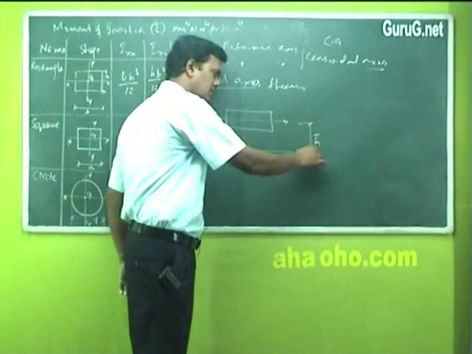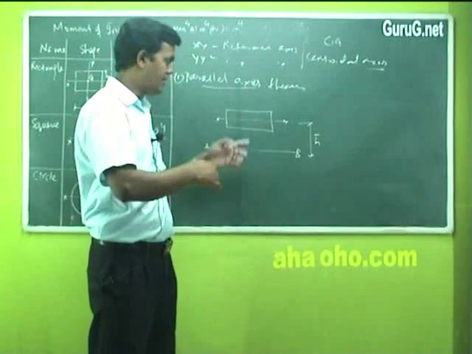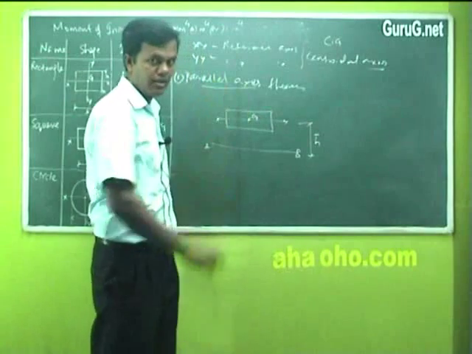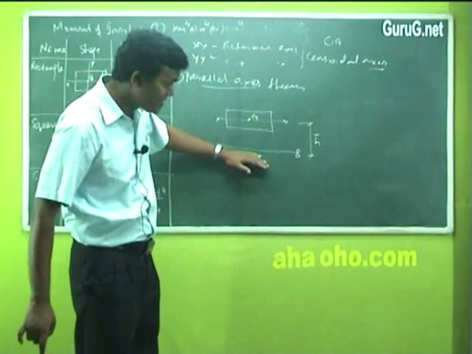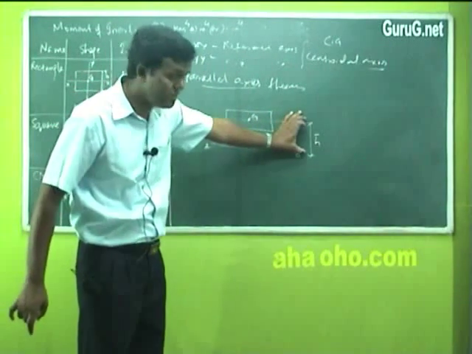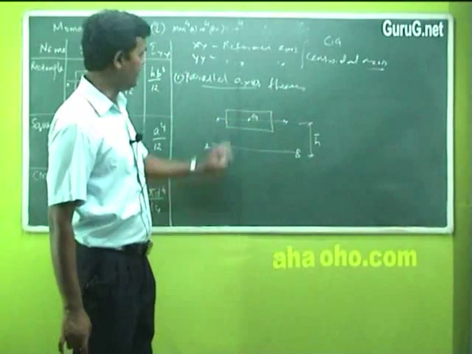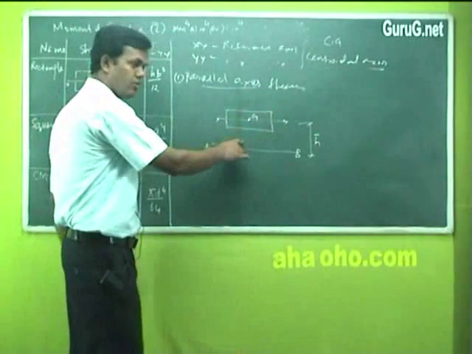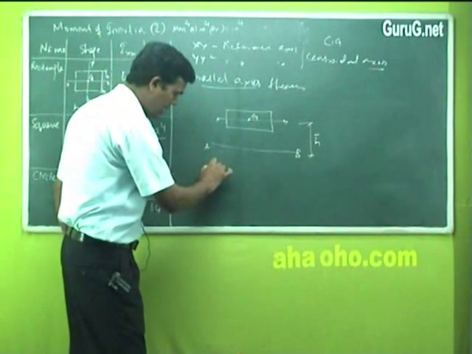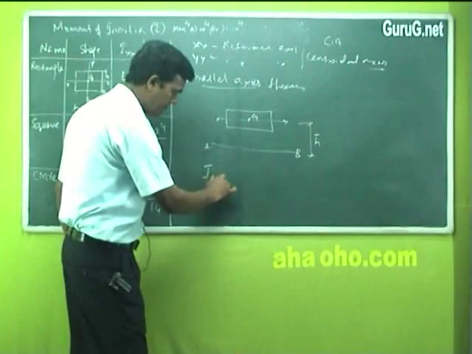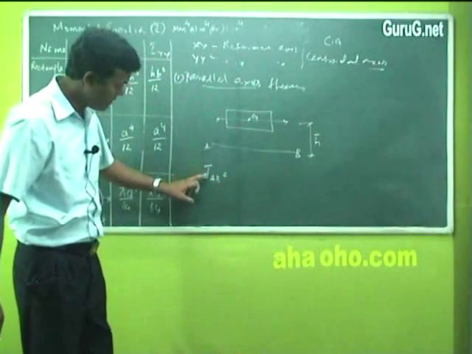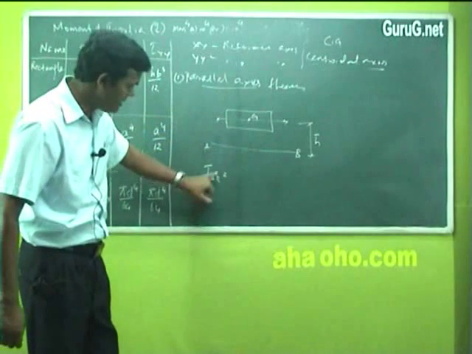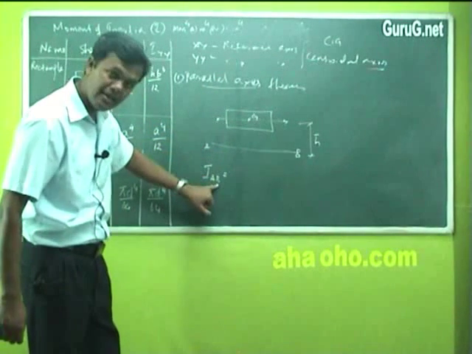If the distance of the center of gravity of this body from the reference line is known as h bar, the parallel axis theorem says, to find out this value, that is I'll write IAB, the moment of inertia of this body with respect to the reference axis line AB.